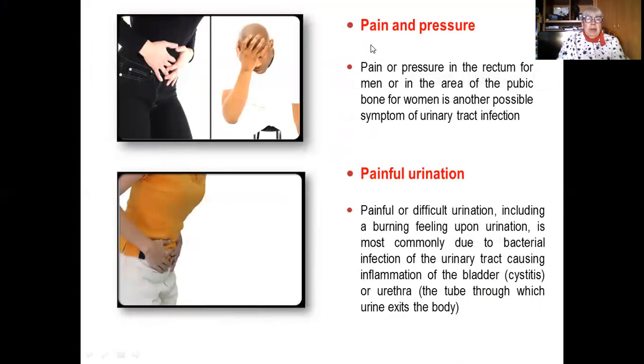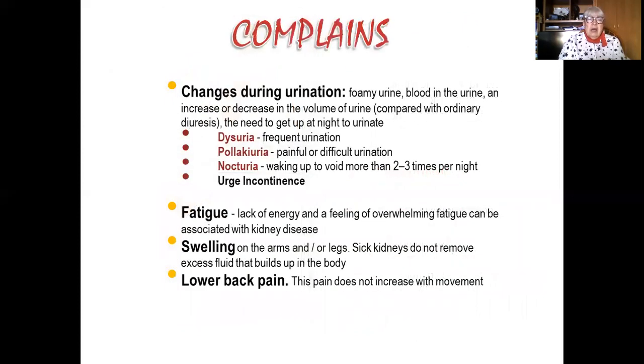So, it may be pain, or pressure, or painful urination, but you have to know these symptoms because you have to identify whether it is the kidney or different levels of the urinary tract involved in the pathological process. Let's go on to other complaints: changes during urination.